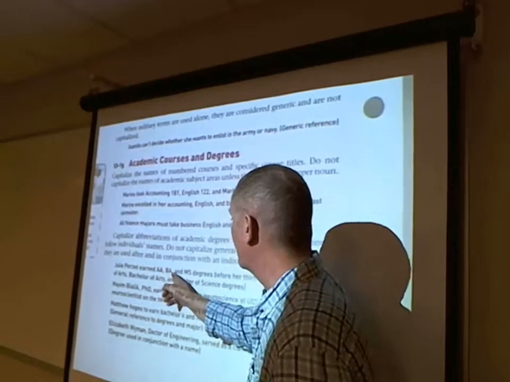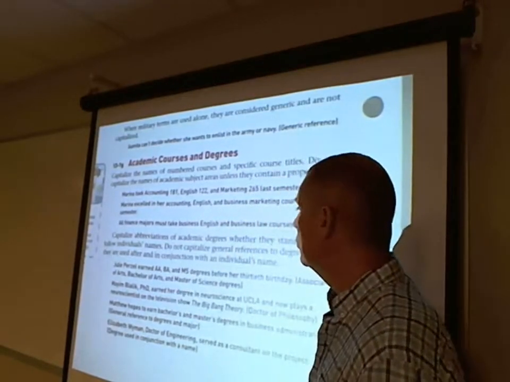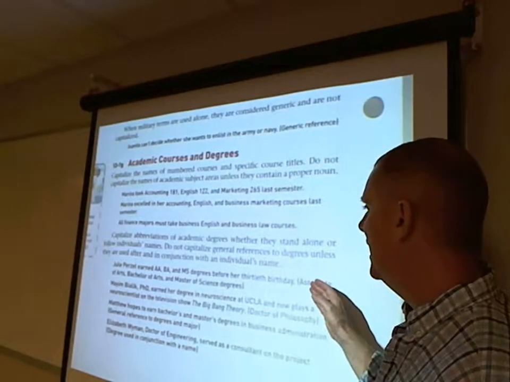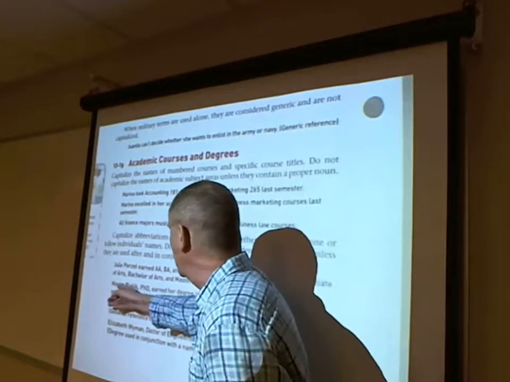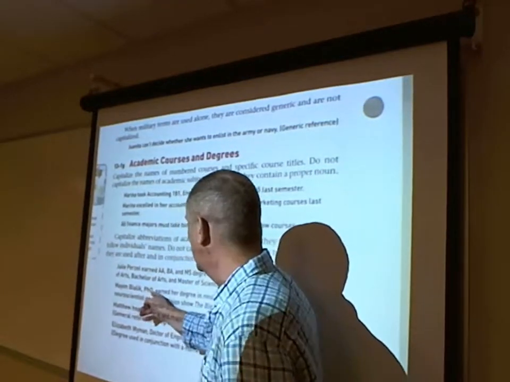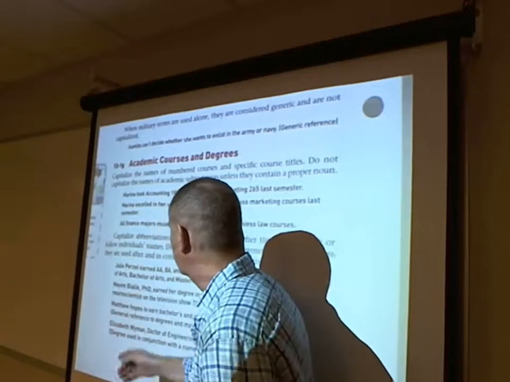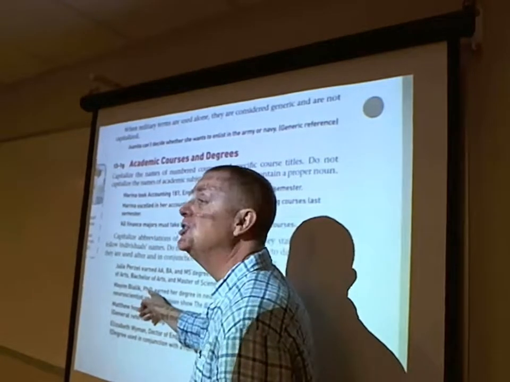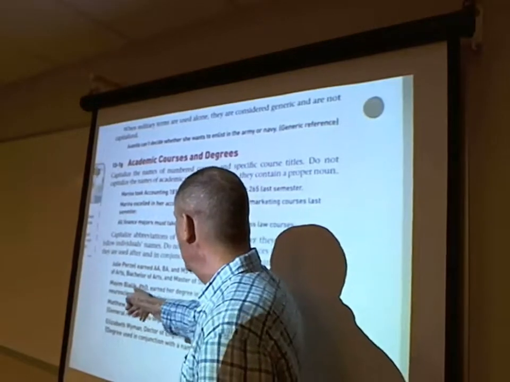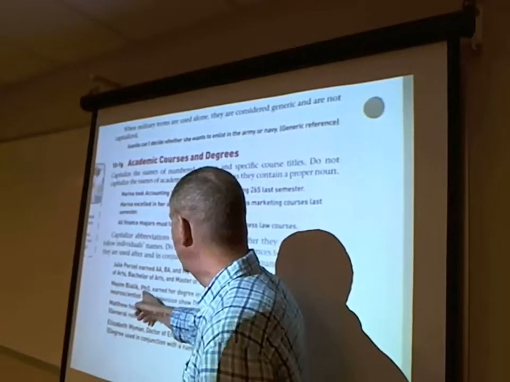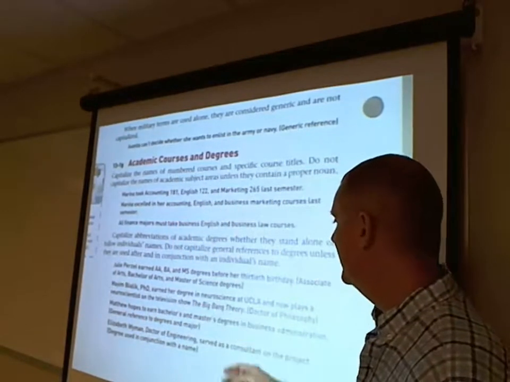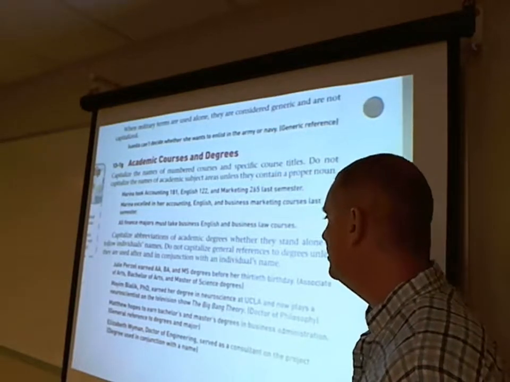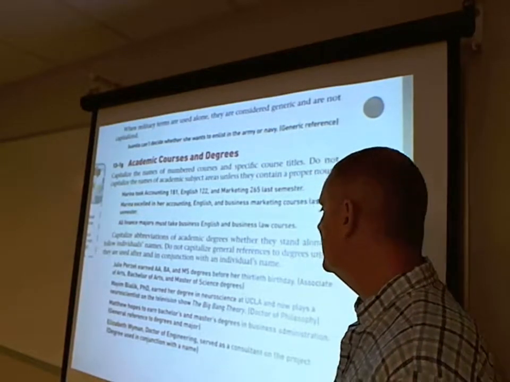And then, let's see, here's an abbreviation, Mayim Bialik. If you ever watched Big Bang Theory, by the way, she's a PhD. Did you know that? It's offset with capital P, little h, capital D. Earned her degree in neuroscience at UCLA and now plays a neuroscientist on the television show, in italics, The Big Bang Theory.